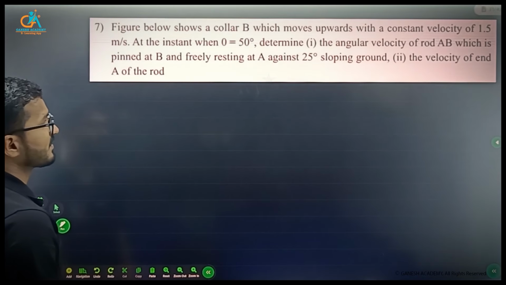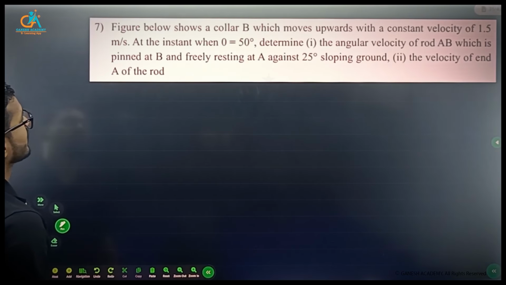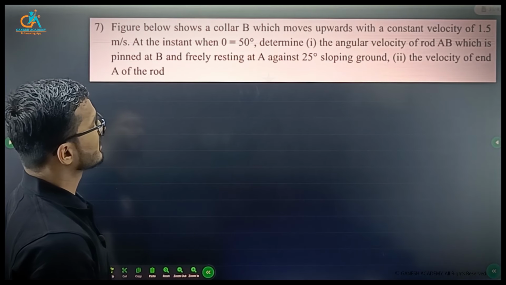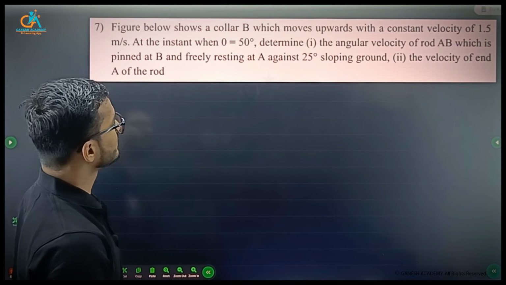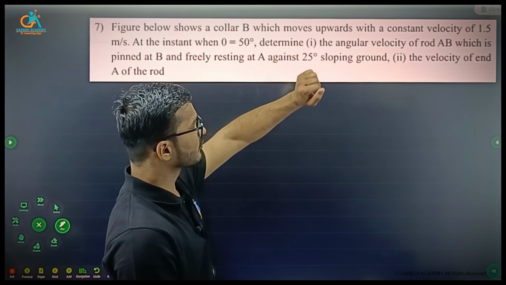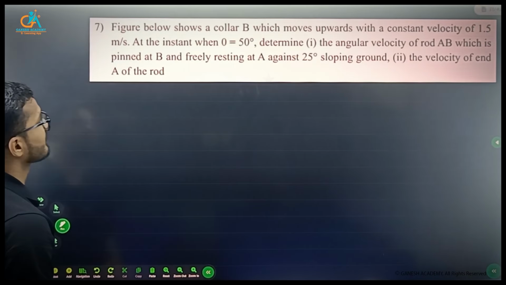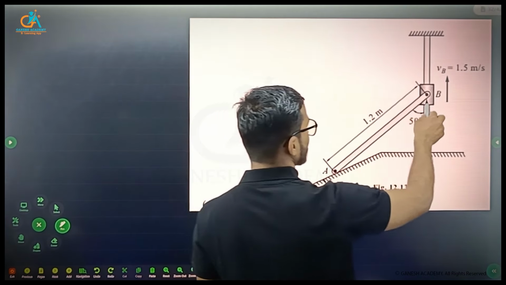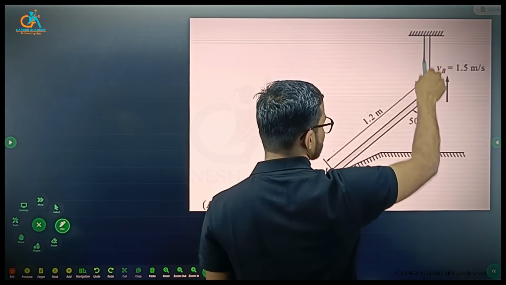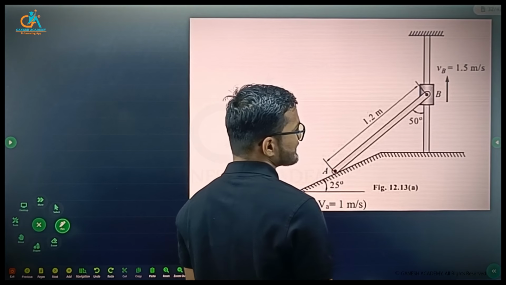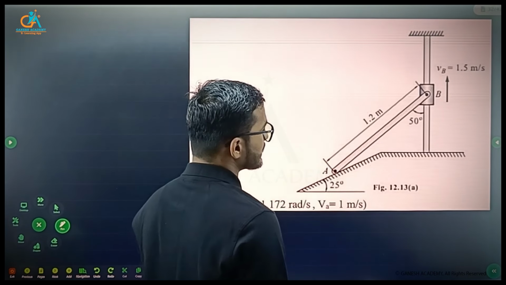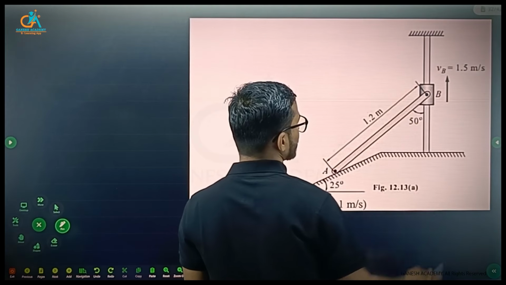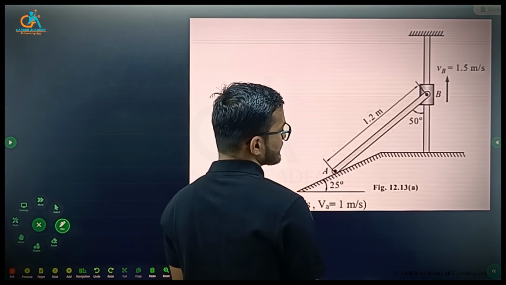Then on the same topic we have another question. That figure shows the collar A, collar B, which moves upward with a constant velocity of 1.5 meter per second. This is moving upward collar, obviously in the vertical direction, as it is restrained. The movement allowed is only along the rod in the vertical direction as given.